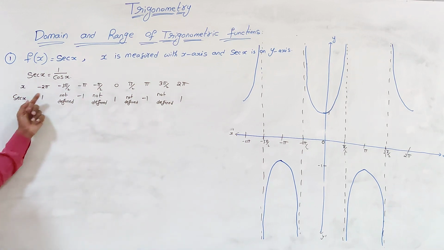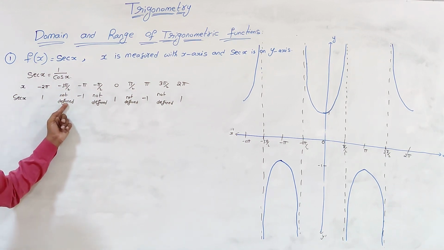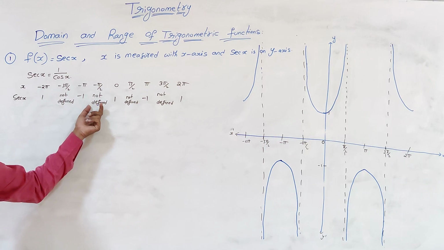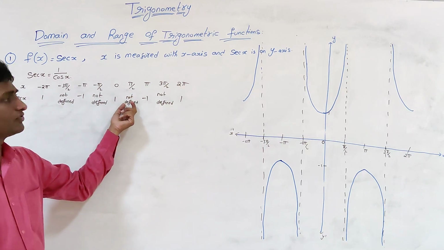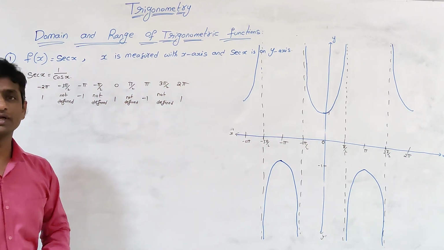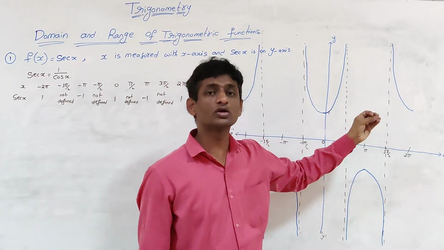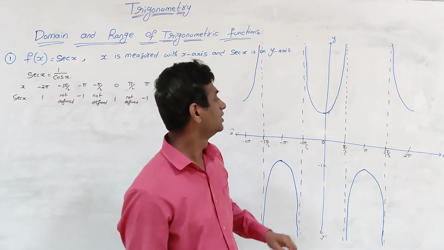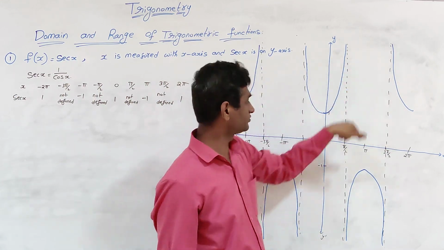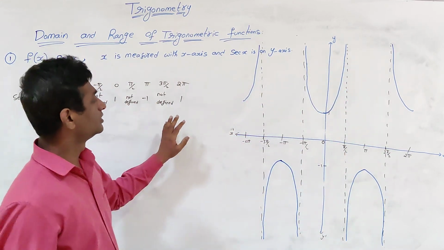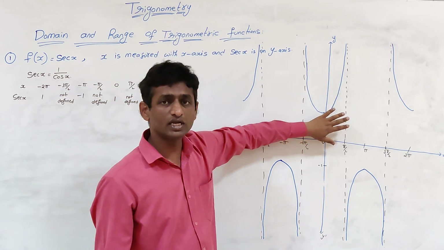That is, secant of minus 3 pi by 2 is not defined, secant of minus pi by 2 is not defined, secant of pi by 2 is not defined, secant of 3 pi by 2 is not defined. So the dotted lines indicate where the values are not defined. And this is the shape of the secant x graph.